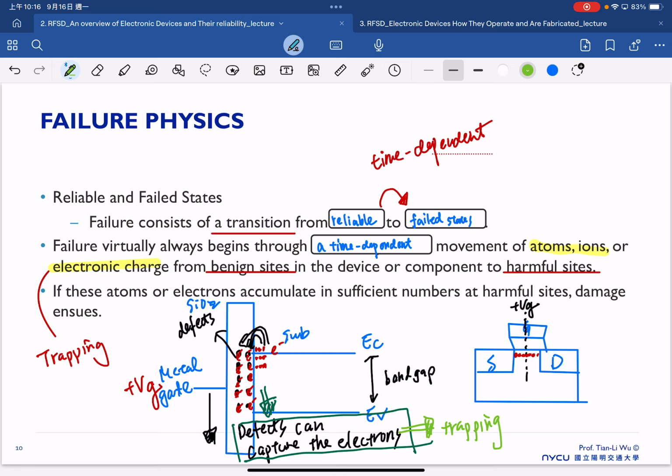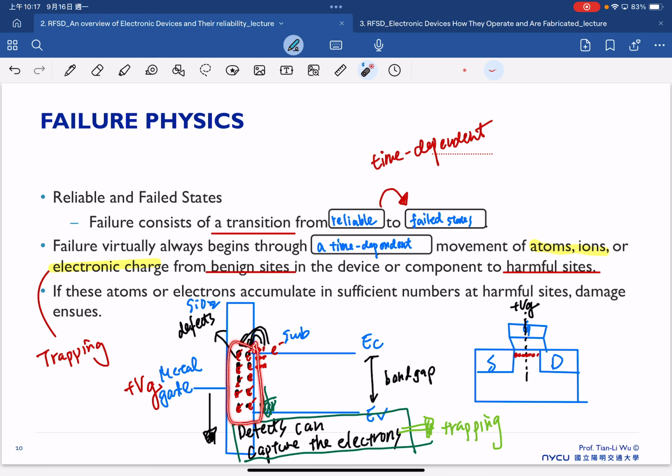So this is one example to illustrate how failures can happen step by step. As I said, failure is a time-dependent process of electronic charge movement away from the benign state. Unfortunately, this electron will try to move to a harmful place, for example, the region full of defects here.